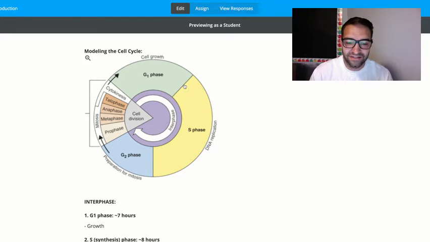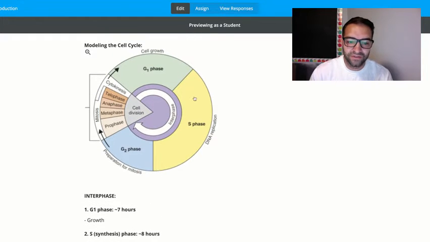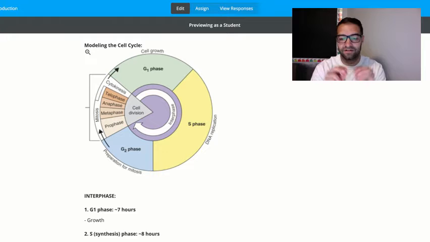Then it starts the S phase, and this is called the synthesis phase. This is where DNA replication happens. Now it's really getting prepared for the possibility of cellular division, and in order to do that, you have to have two sets of DNA.